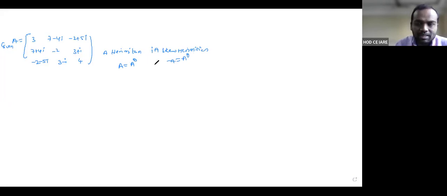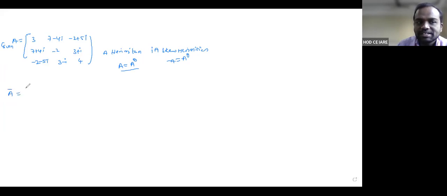The given matrix is a complex matrix. To show that A is Hermitian, we need A equal to A power theta, which is the conjugate transpose of the matrix.